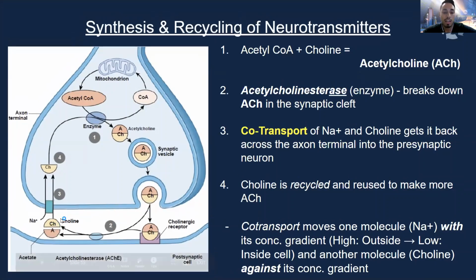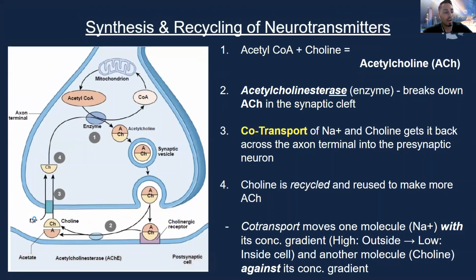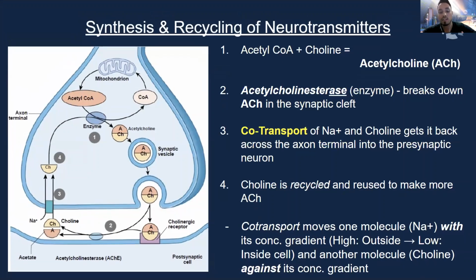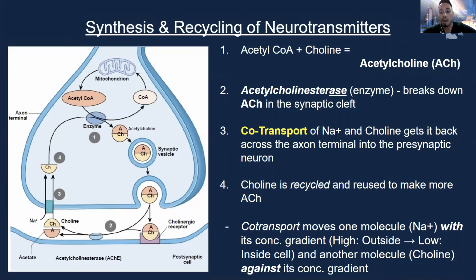And what happens is this choline gets transported with sodium back into the presynaptic neuron. The way that this gets transported is a co-transport mechanism, meaning that both of these are going to flow together across the membrane and back into this presynaptic neuron. However, the concentration gradient for sodium is high on the outside and low on the inside.